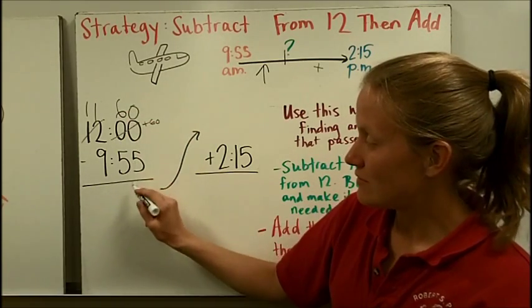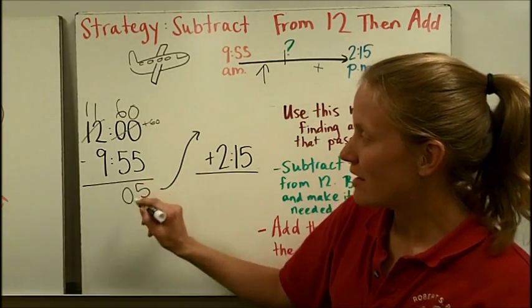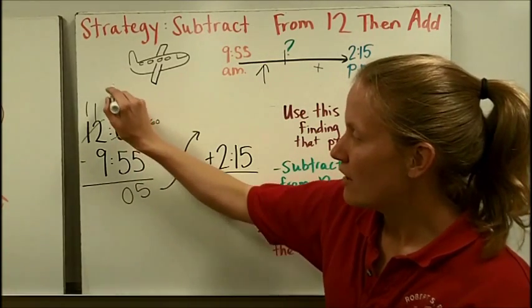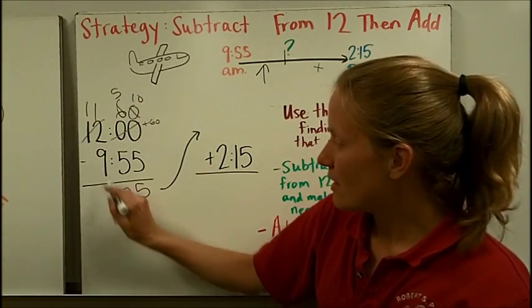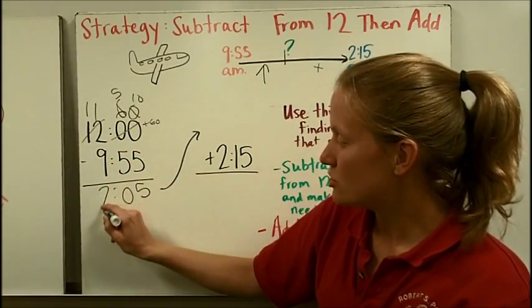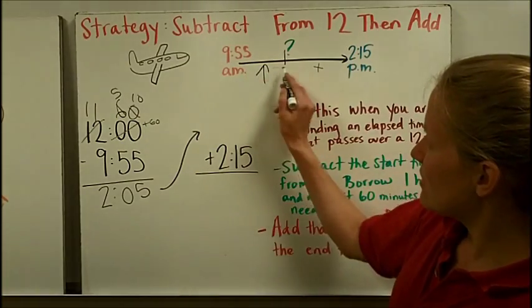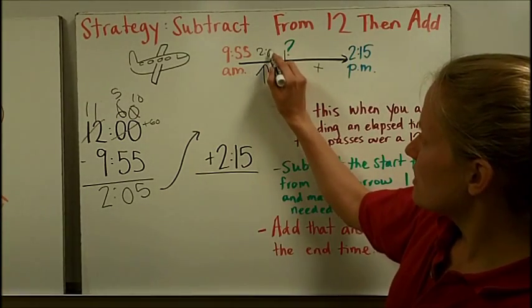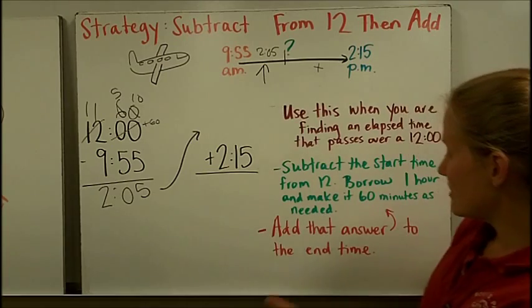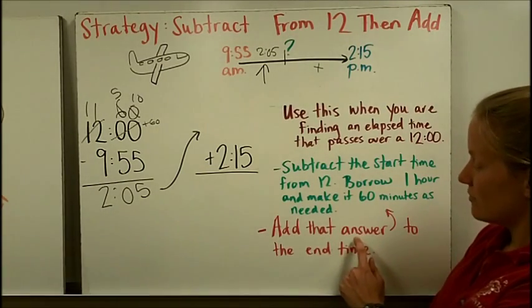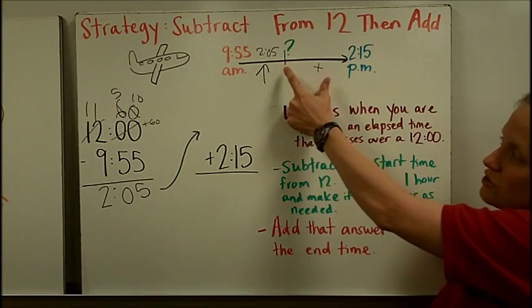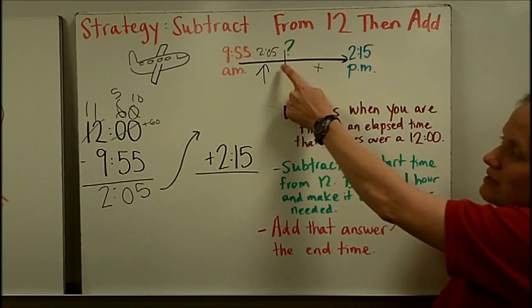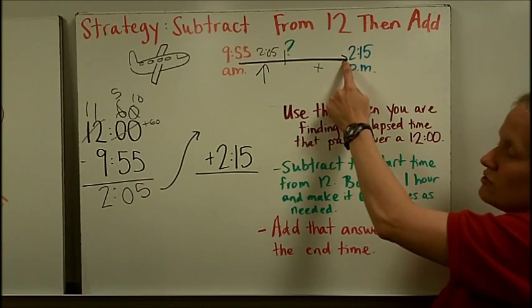60 minutes minus 55 minutes is 5 minutes, and I could have borrowed like normal there. I could turn that into a 5 and turn that into a 10. Then 11 minus 9 is 2. So that means from here to here, it's 2 hours and 5 minutes. Now I'm going to add that answer, the 2 hours and 5 minutes, to the end time, because it is 2 hours and 15 minutes that passes from noon to 2:15.